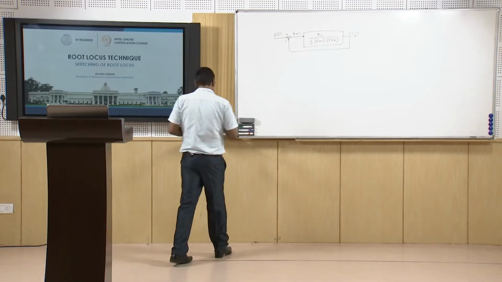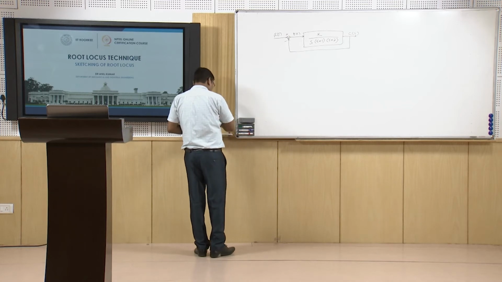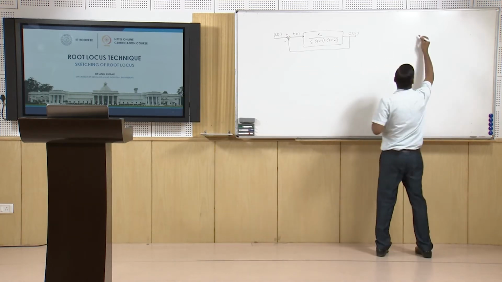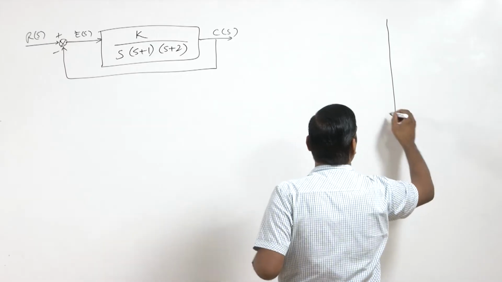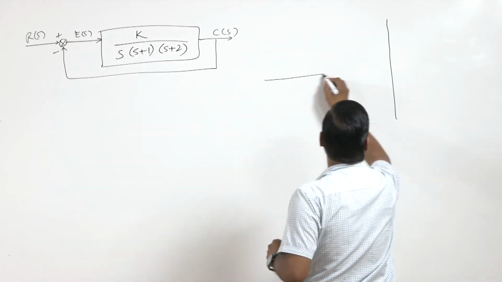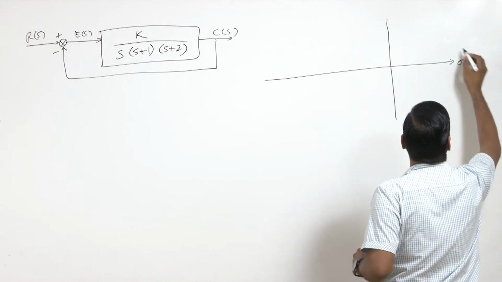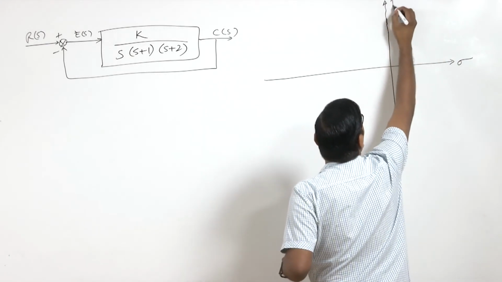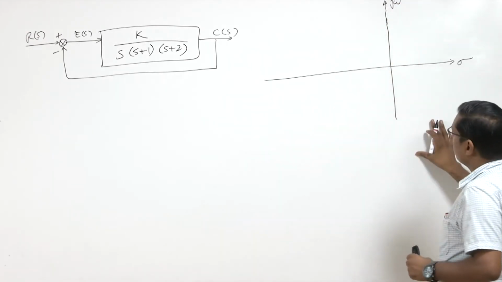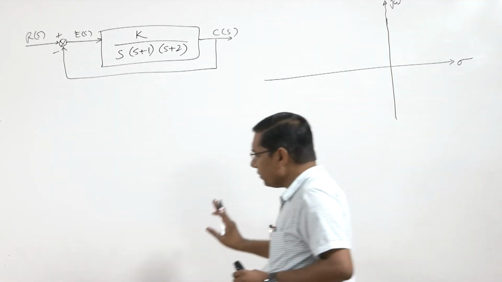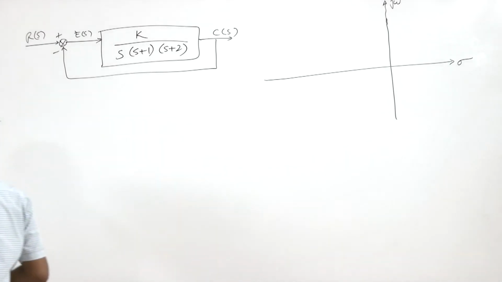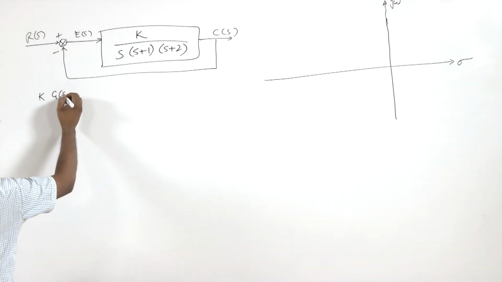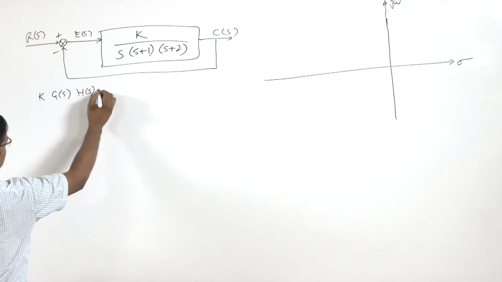So let us first plot the root locus. First of all we have to make this complex plane, and we have to find KG(s)H(s).